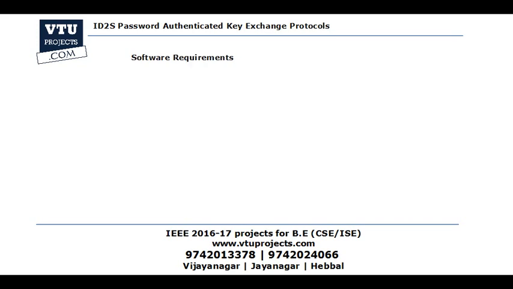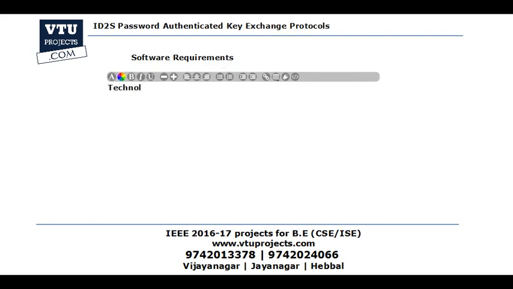So coming to the software requirements, here I am going to explain in detail the software technologies we are going to use. We are going to use some front-end technologies, some back-end technologies, some database, and various other tools.